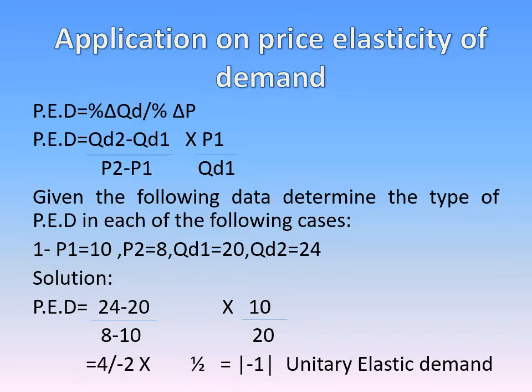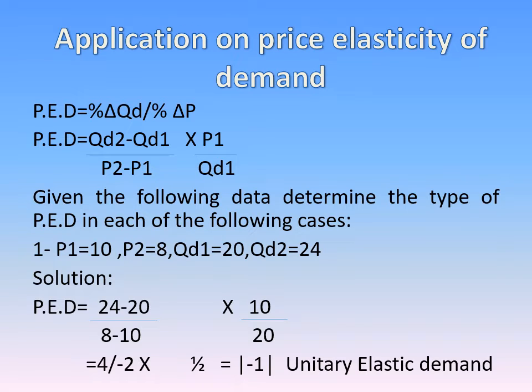So PED, we are going to substitute in the equation. QD2 equals 24 minus QD1 equals 20, divided by P2, which is 8, minus 10, multiplied by P1 over QD1, which from the given data is 10 over 20.